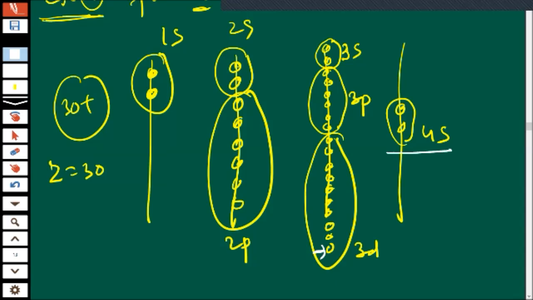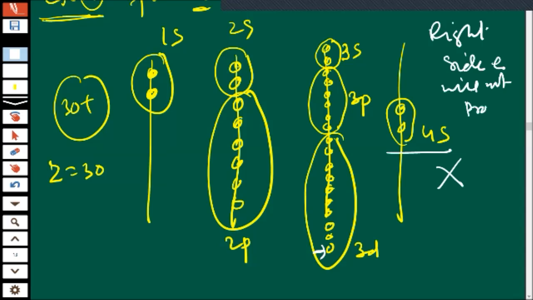this 4s electron will not protect. So every time remember that right side electron will not protect the left side. Did you understand? Yes, sir. How will they protect the nucleus? Because nucleus is on the left hand side and these electrons are on the right hand side.